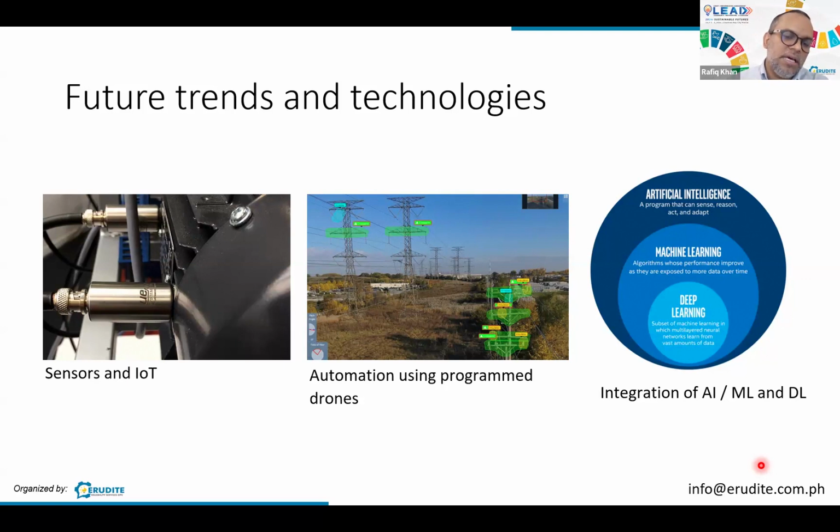They set the map and how far it will go, which towers for it to inspect. It goes and does the job, it comes back, recharges by itself, and goes out and does the same thing continuously. So you don't even need a person behind a remote control to do this anymore. These are nice technologies that are developing.